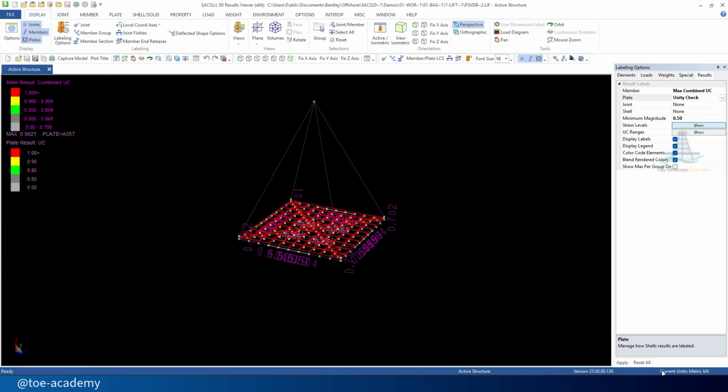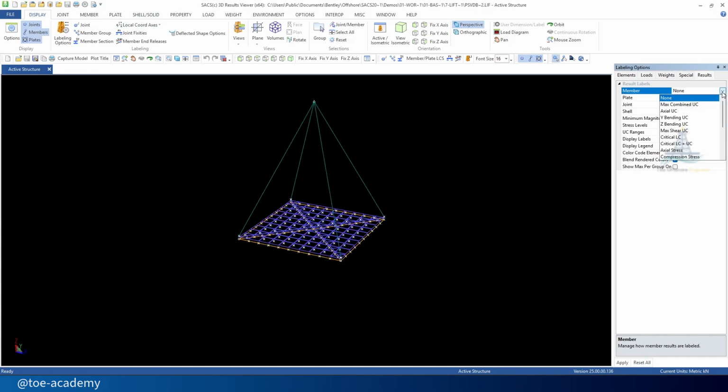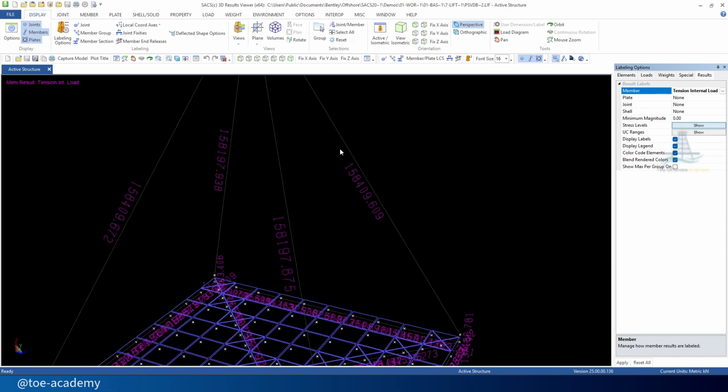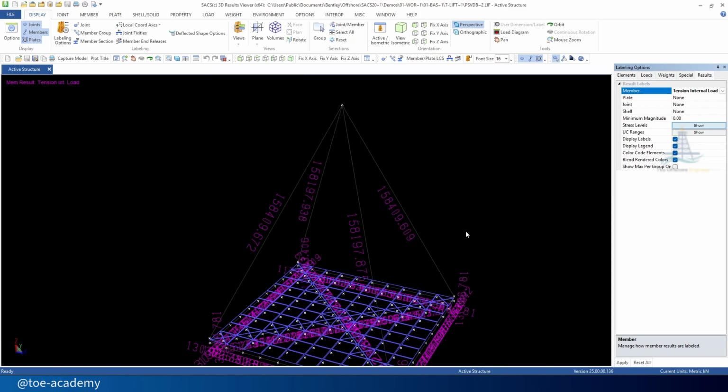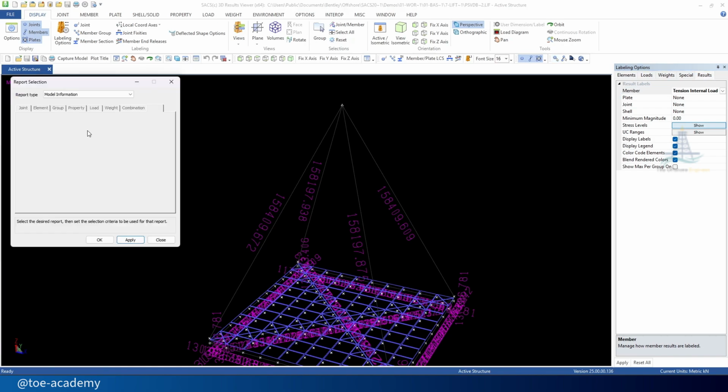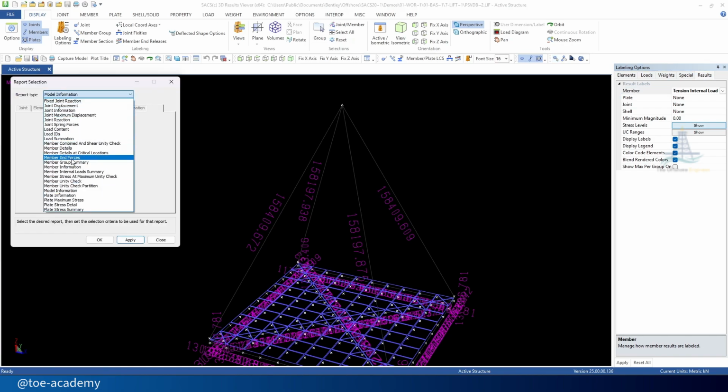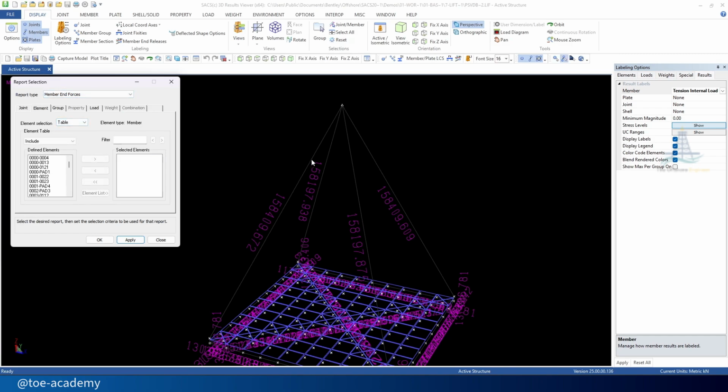And if you want to have the sling property, axial tension load. So this again is in newtons. So if you want it in kilonewtons, you can come over here, member in groups table.